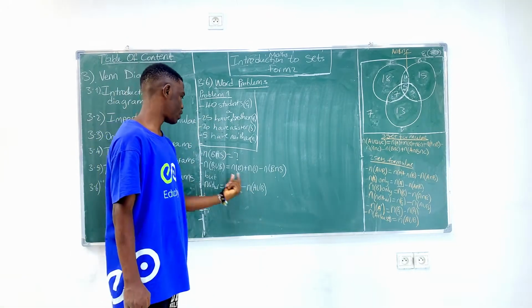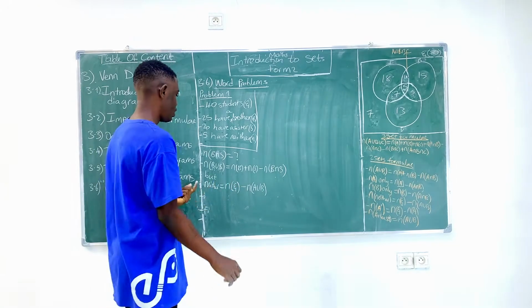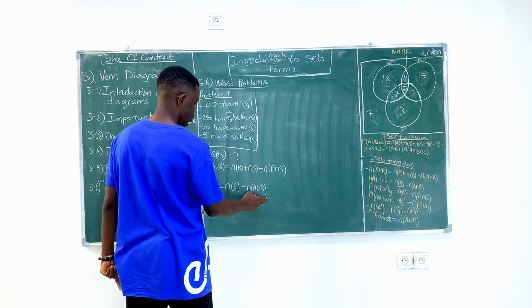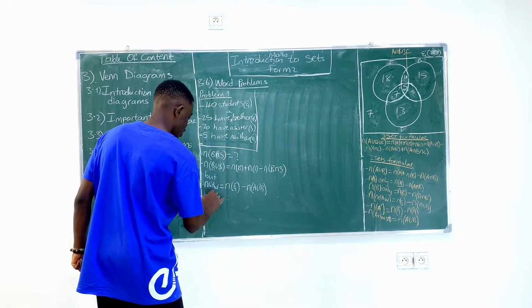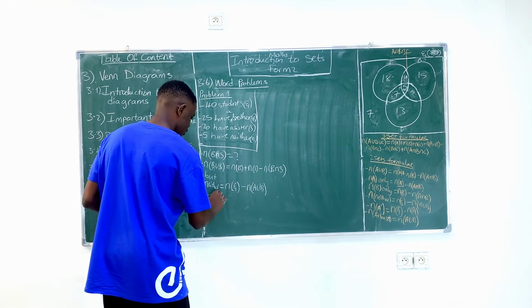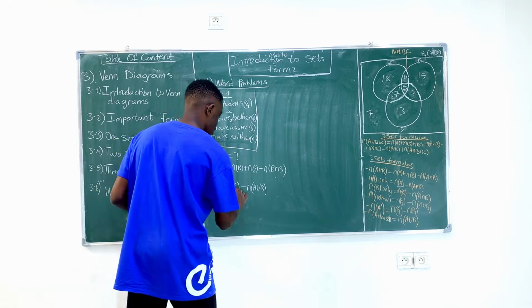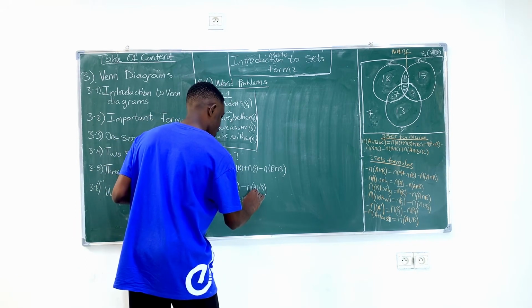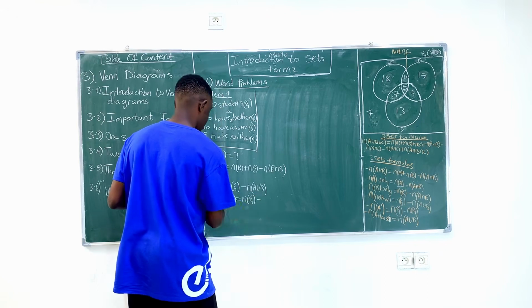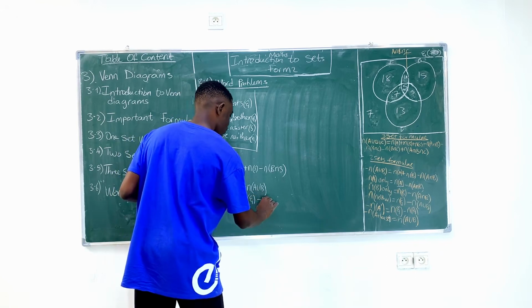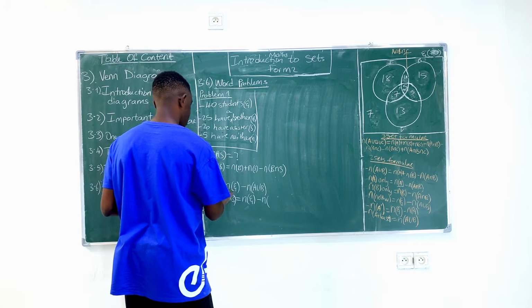Now you can find this and plug in your answer. To make n of A union B the subject of the formula, you have n of A union B is equal to n of the sample space minus n of neither.